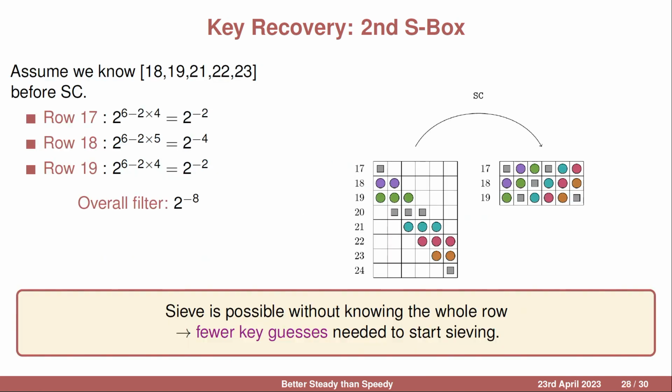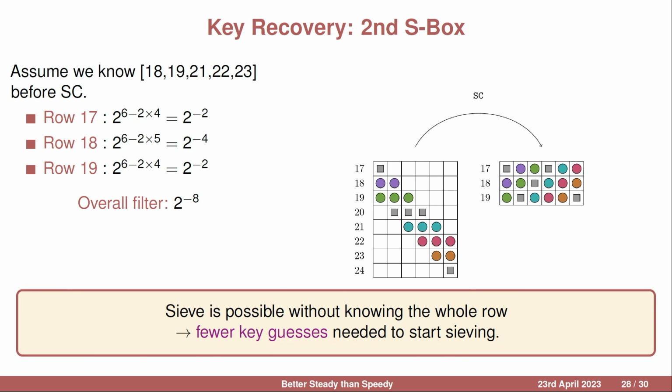So let's now take an example regarding rows 17, 18, and 19. For now, let's assume we know, before the shift column operation, rows 18, 19, 21, 22, and 23. As we can see, we would have some partial knowledge for rounds 17, 18, and 19 after the shift column operation.